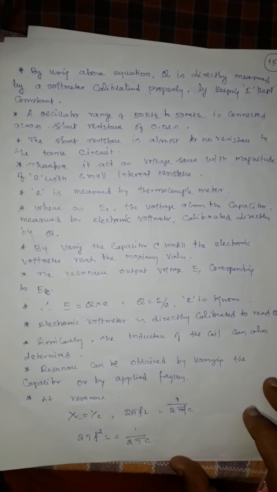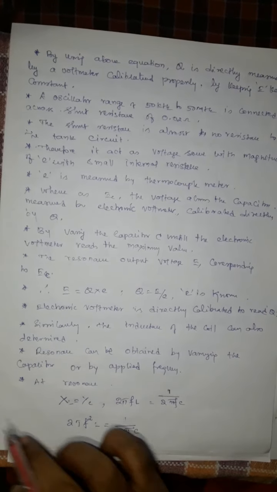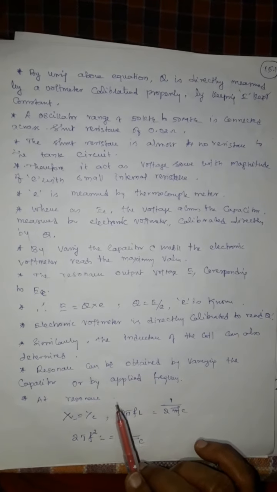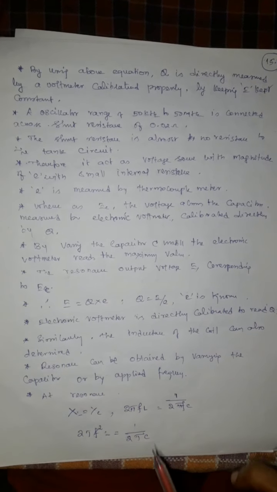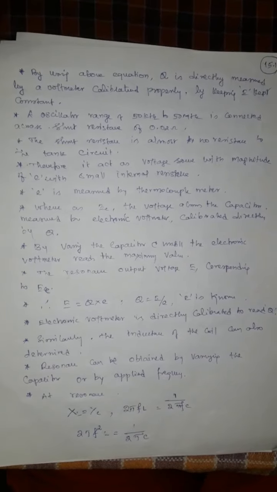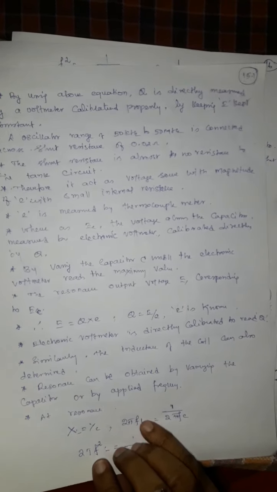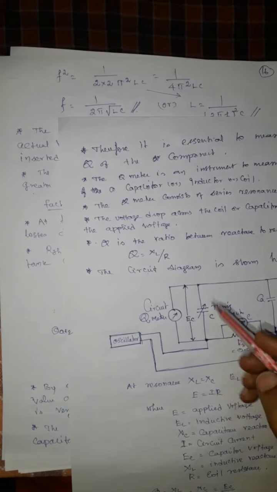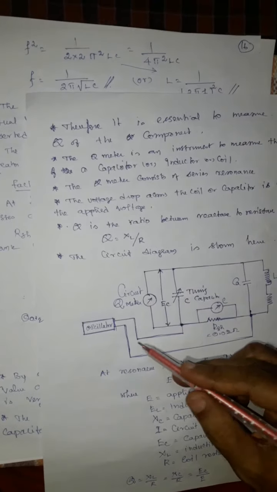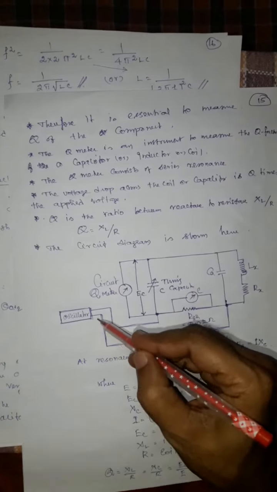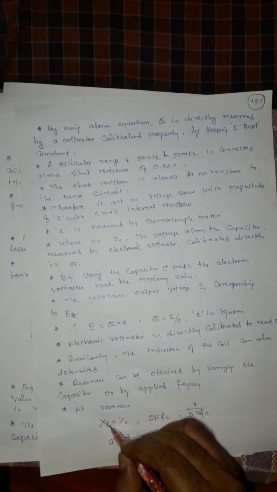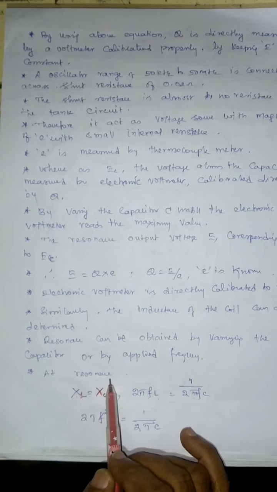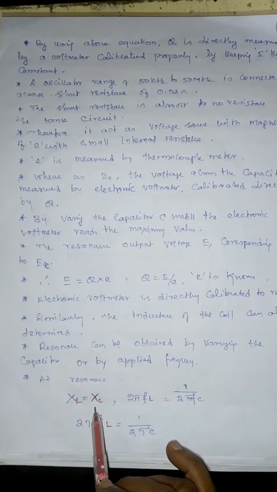Similarly, the inductance of the coil can also be determined. Resonance can be obtained by varying the capacitor or by varying the applied frequency. We can vary the input frequency or also vary the capacitor. Let us see through the formula. At resonance, XL equals XC.